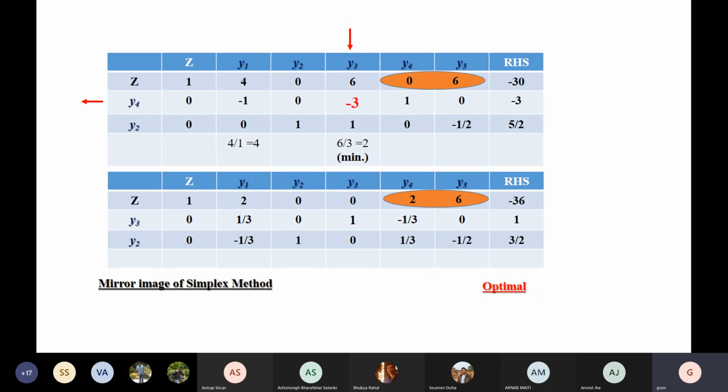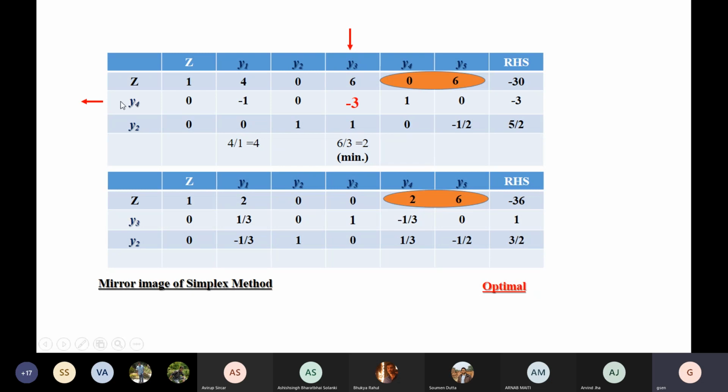Here we do not need any artificial variable. We directly work on the dual solution and try to obtain a feasible solution for the primal eventually. So again we do the same operation. This is called the dual simplex operation, which is actually a mirror image of the simplex method.